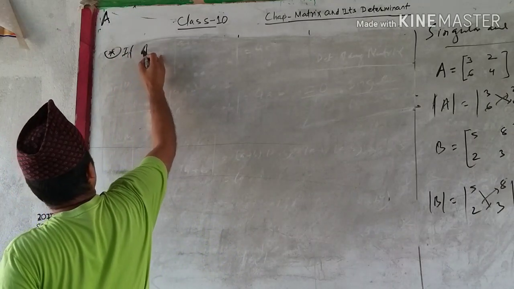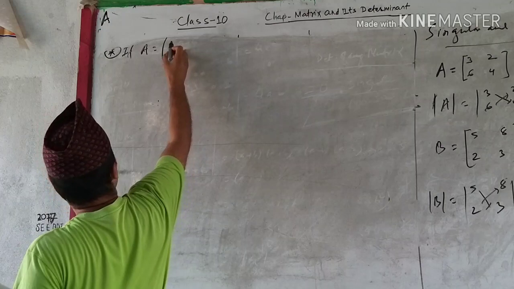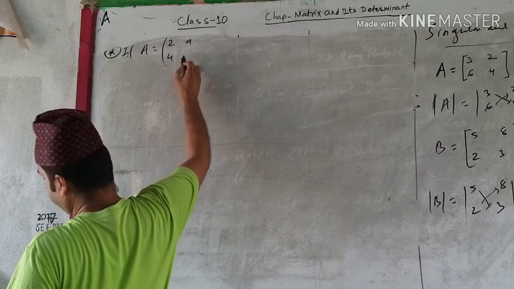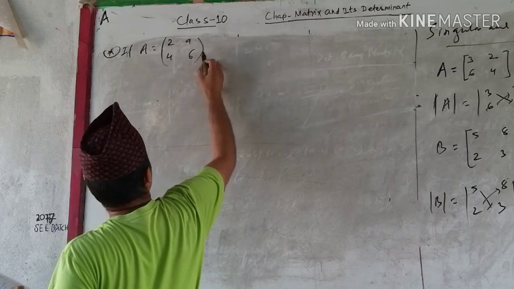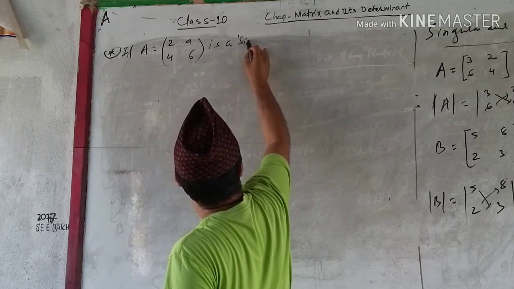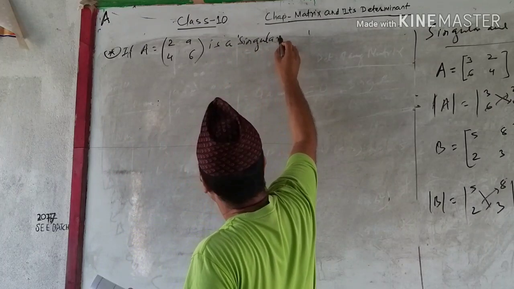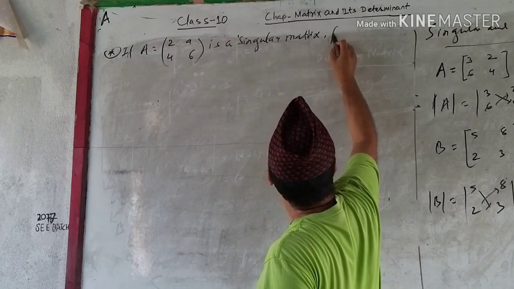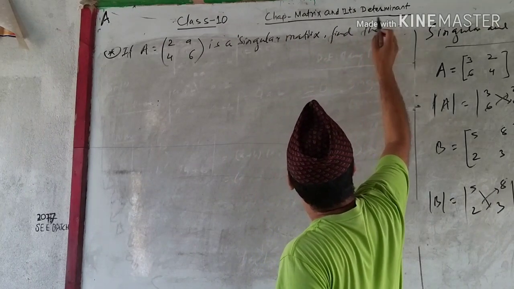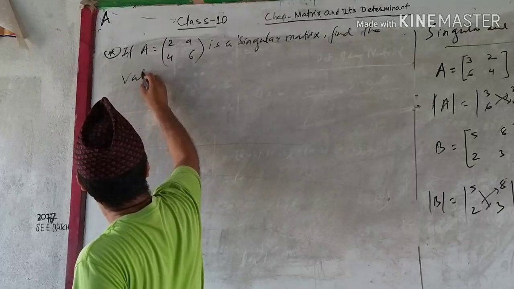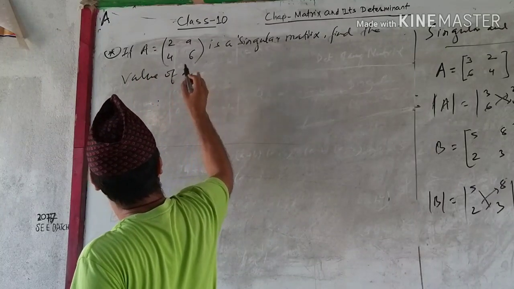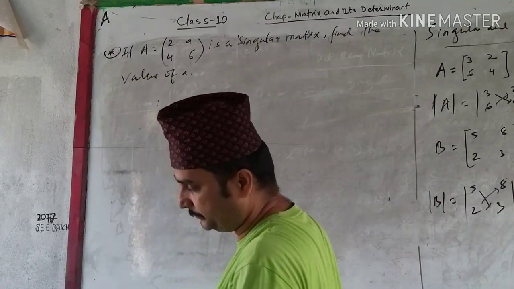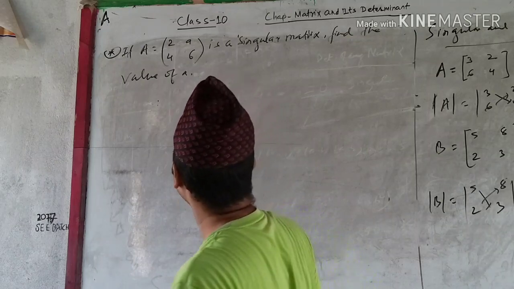If A is equal to the matrix 2A, 4, 6 is a singular matrix, find the value of A.